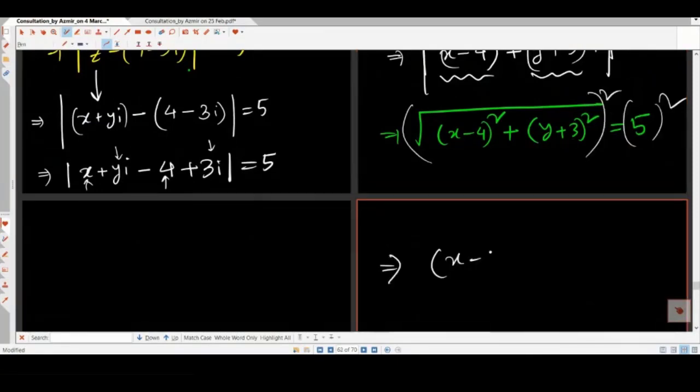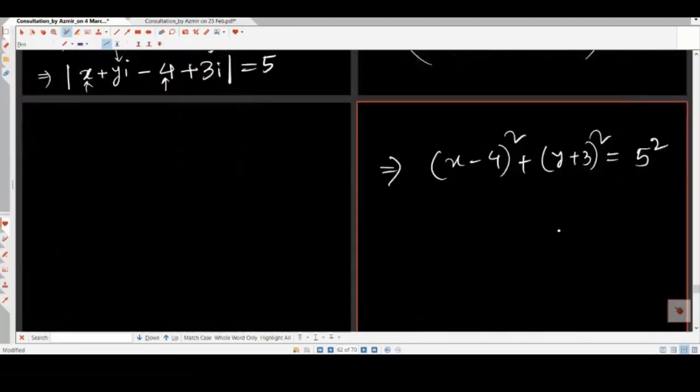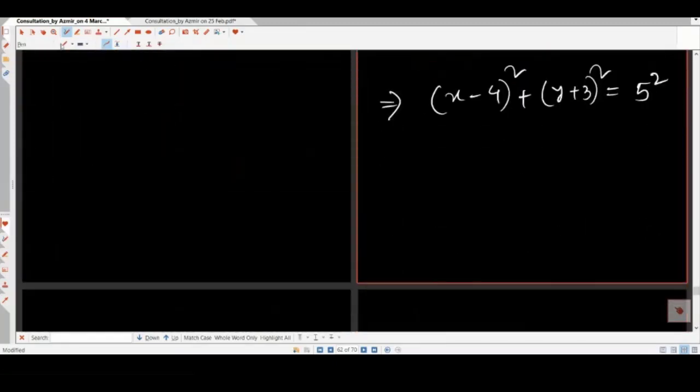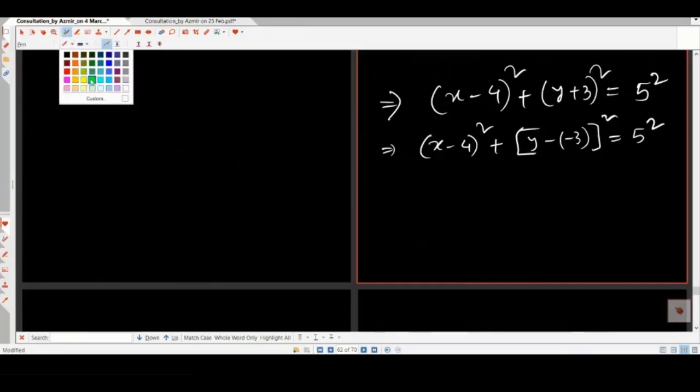We get (x minus 4) squared plus (y plus 3) squared equals 5 squared. This equation is known to us from geometry. This is the equation of a circle, (x minus 4) squared plus (y plus 3) squared equals 5 squared.